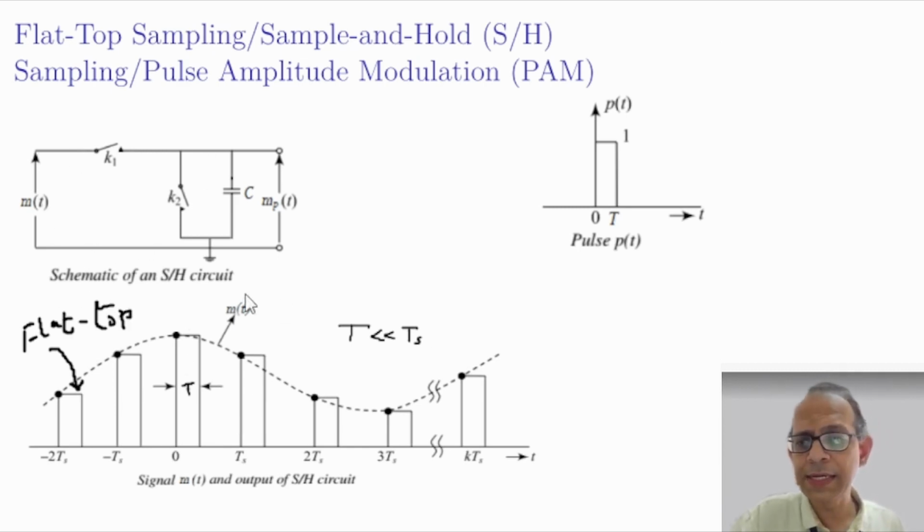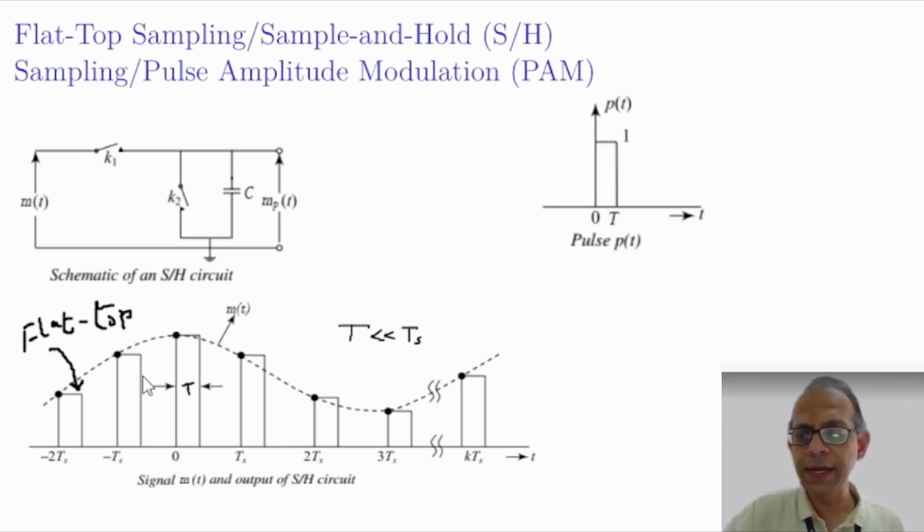Also note that since in this process we are taking the sample of the signal at a time instant and then holding the value for T seconds, this is also known as sample and hold sampling.